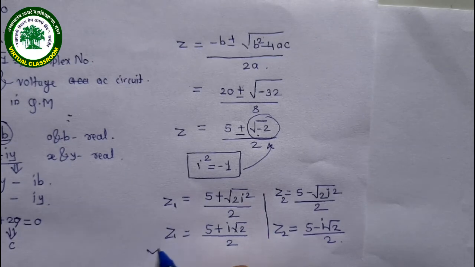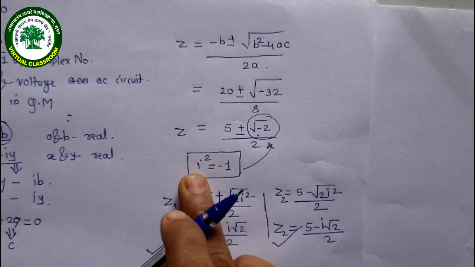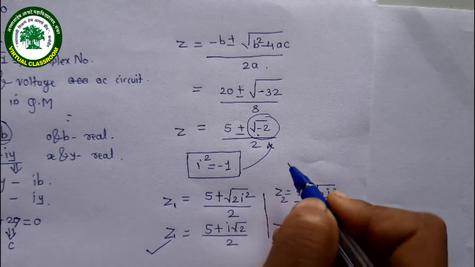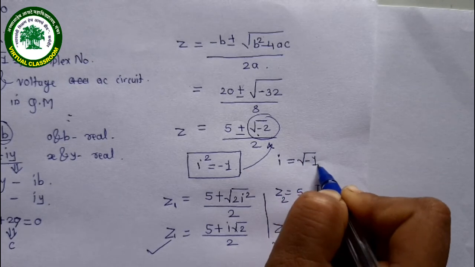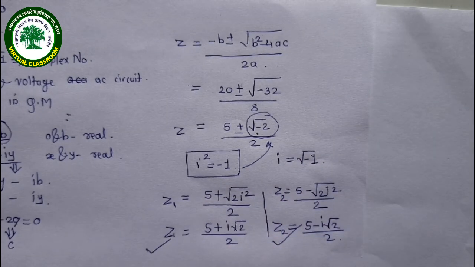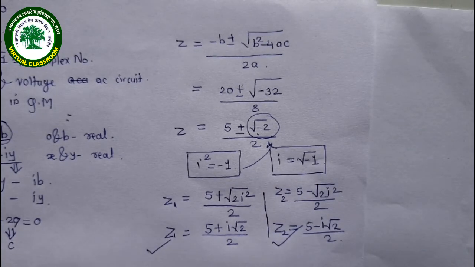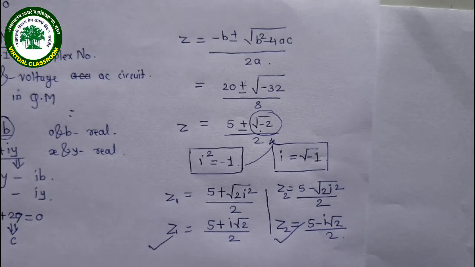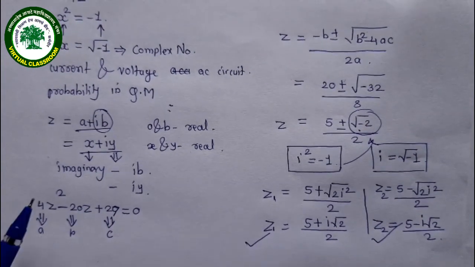So these two solutions, z1 and z2, have been obtained by taking the help of a new number whose square is minus 1. In short, this value of i is square root of minus 1. So this i is a new concept, and with the help of i we have solved this equation with ease, and it is represented as z is equal to a plus ib or x plus iy.